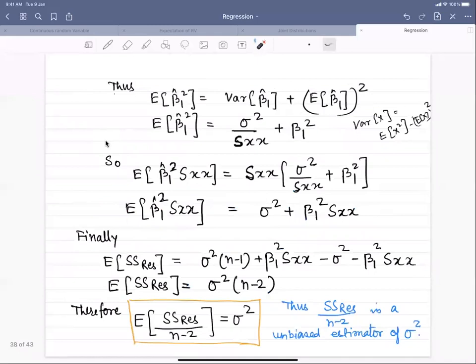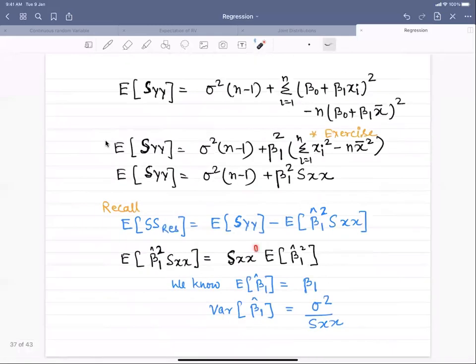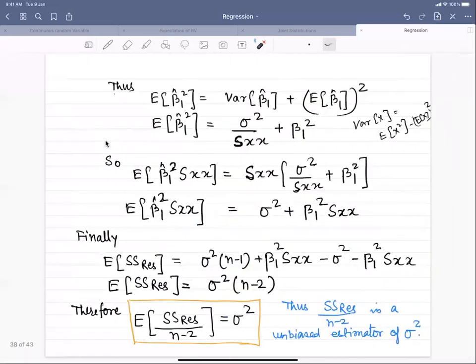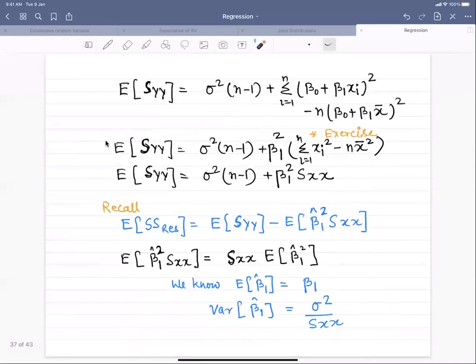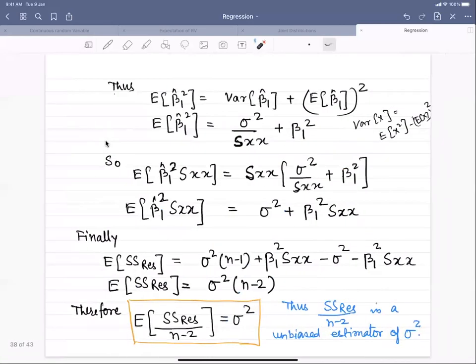This will become Sxx multiplied by sigma square divided by Sxx, plus beta 1 square. So the Sxx is coming from there. So the expectation of beta 1 cap square Sxx will be equal to, if we take Sxx inside, sigma square plus beta 1 square multiplied by Sxx.